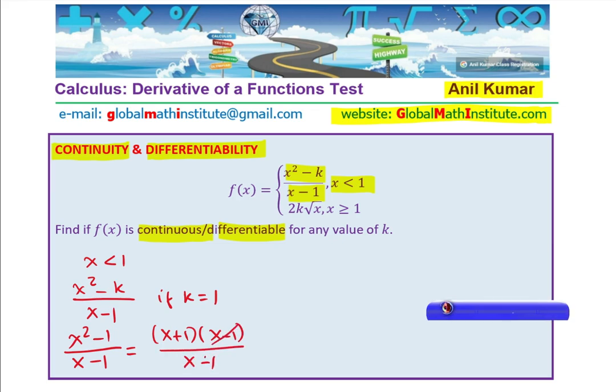Now x minus 1 cancels, and this is equal to x plus 1, where x is not equal to minus 1. In the given condition, since x is less than 1, that is true for k equals 1. Does it make sense?